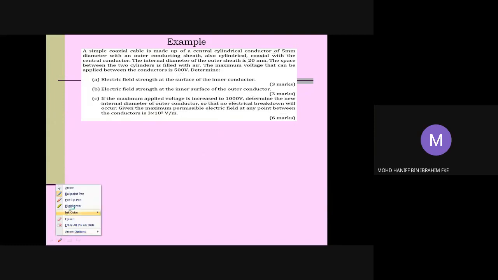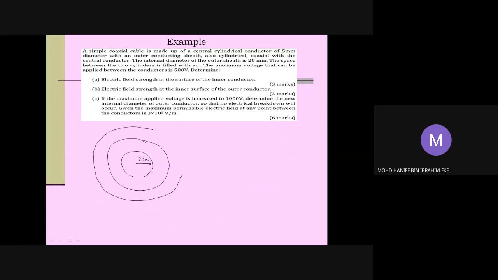Okay, I need to erase this. Basically, the question, if you can recall, is given by this diagram. The internal conductor has a 2.5 milli radius. Then we have another conductor, whose internal radius is 10 milli.